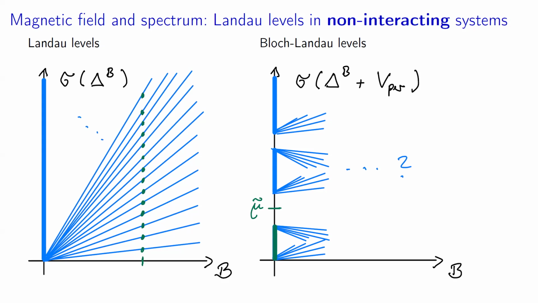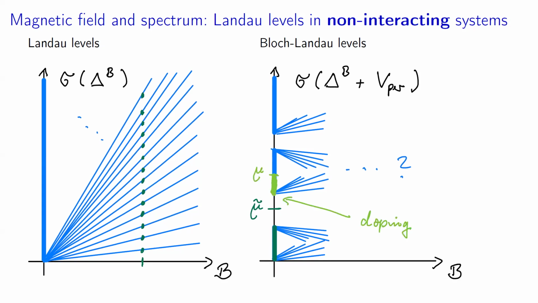Okay. What is actually assumed in this experiment is that the material in the middle layer, the blue layer, is a semiconductor. That means that the chemical potential lies in a band gap.